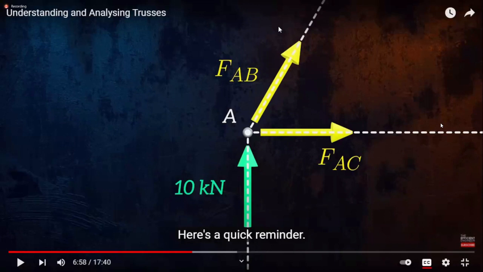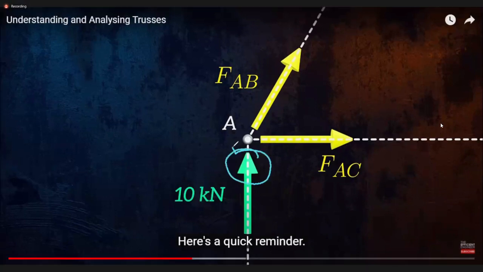Okay, dear friends, this is a support reaction we have found out. Then we have assumed that this truss element is in tension, so this joint is pulled outward by a force AB.